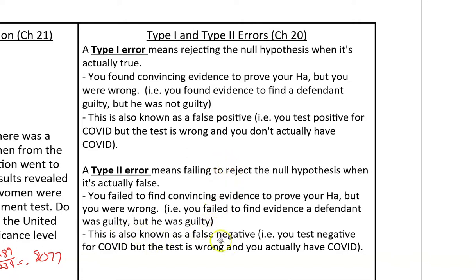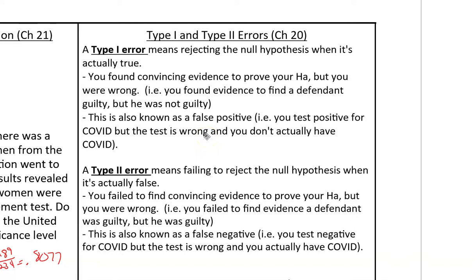And a false negative, in terms of a test, is if you test negative for COVID, but the test is wrong and you actually have it. That would be a type 2 error. So for a type 1 error with COVID, what would be the problem? You would test positive, but it's actually wrong. So you would take a lot of precautions as if you had COVID, and it would just be wrong.